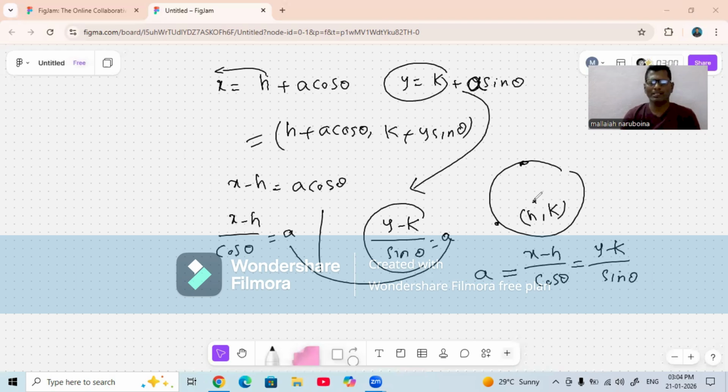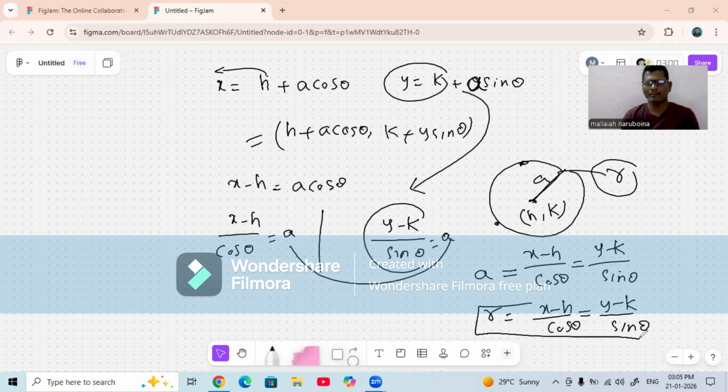What is a? Radius. So generally we write r also. If the radius is indicated by the letter r, you can write r = (x − h)/cos θ = (y − k)/sin θ. Okay, remember this information to solve IIT questions.